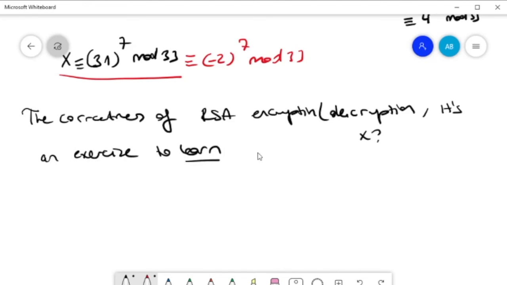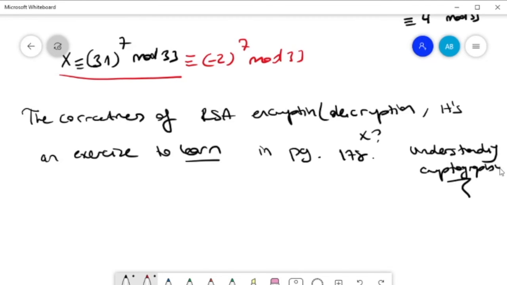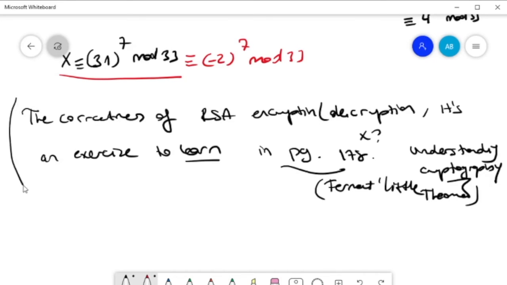If you are curious about why it works, it's in the book I think, in page, this Understanding Cryptography book. Our course book, Understanding Cryptography. If you are curious about why RSA works, it's related to Fermat's little theorem. The proof is based on this theorem. If you are curious, and if you have questions, you can ask me through an email if you don't understand it, but I won't go into that much detail for this course.